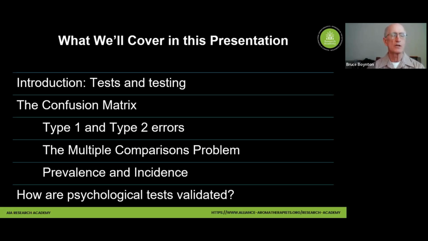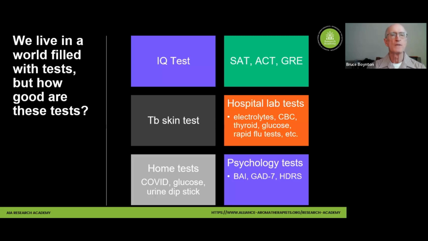It's not really as confusing as it sounds, and that will lead us into discussion of type 1 and type 2 errors, multiple comparisons problem, prevalence and incidence, and a little bit scattered here and there about psychological tests and how they're validated both by statisticians and by psychologists.